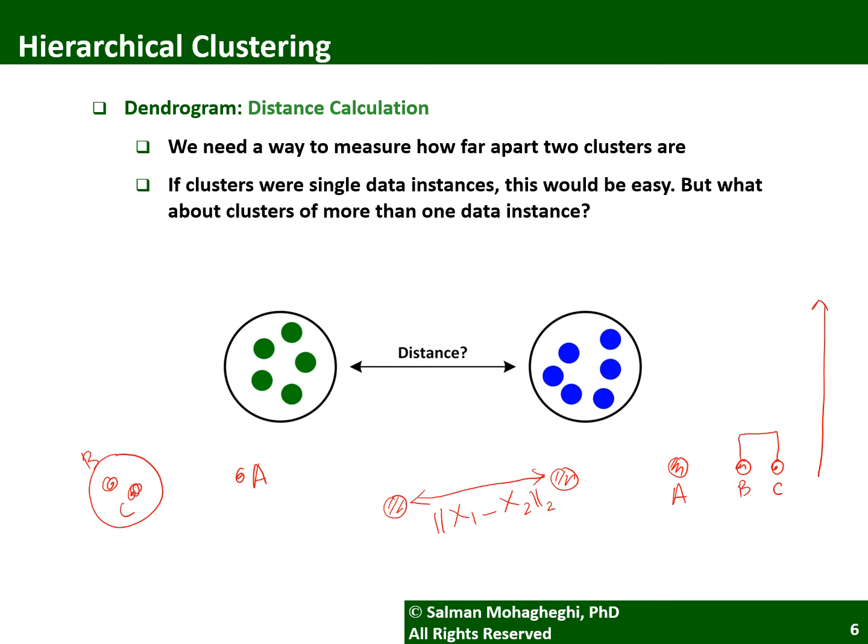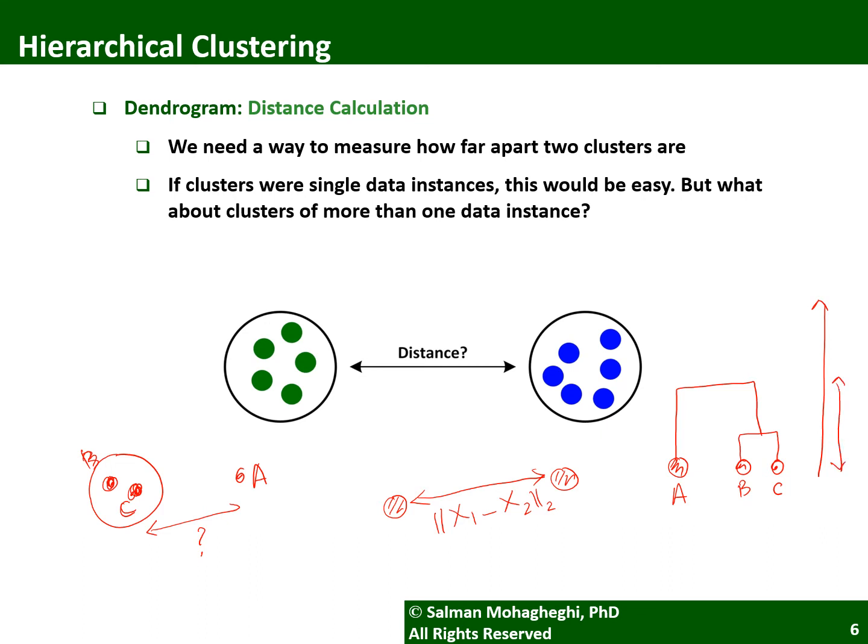This kind of looks like a happy face, but what I meant to say is that's data point B and that's data point C. So what I want to know is, what is the distance between this guy and the cluster? So how would I calculate, for example, at what distance these two should be merged to one another?